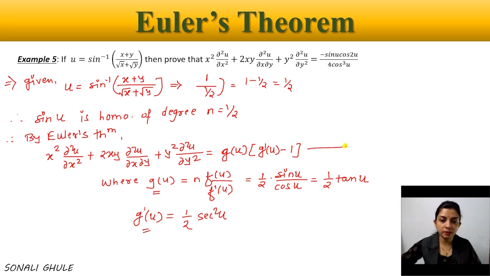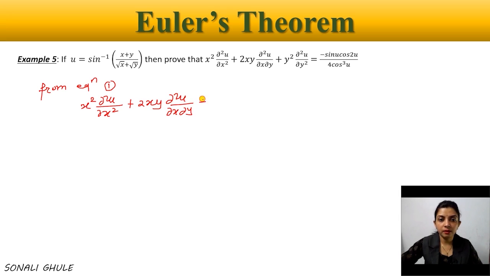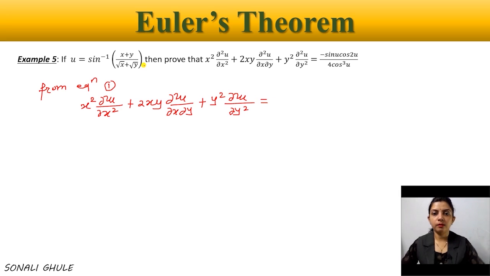Putting this value here in equation 1c. So what I get, see, from equation 1, x square ∂²u/∂x² plus 2xy ∂²u/∂x∂y plus y square ∂²u/∂y² is equal to, put the value here.